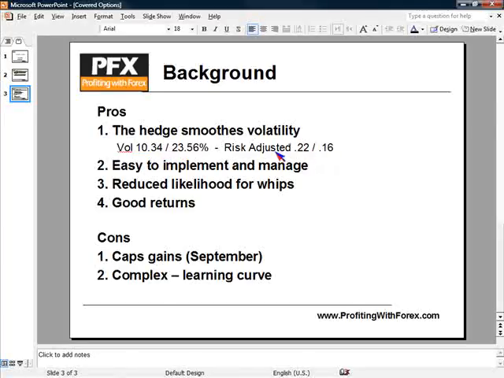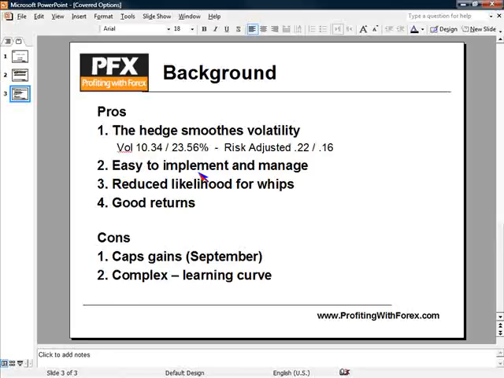And the risk-adjusted return, for those of you who are into portfolio management theory, that's basically a normalized Sharpe ratio, is considerably larger as well, from 0.16 to 0.22. That's where very, very good hedge fund managers are at this level. So it gives you a sense of one of the primary objectives: we want to smooth our volatility.